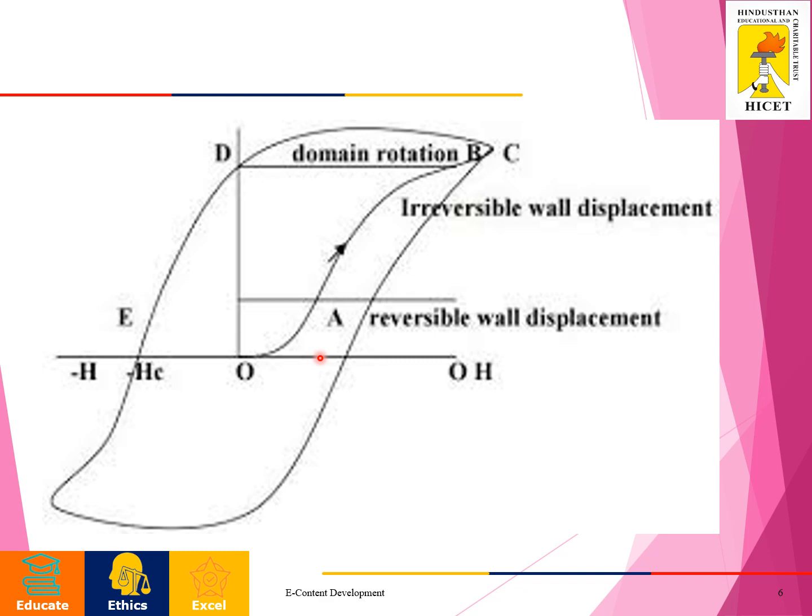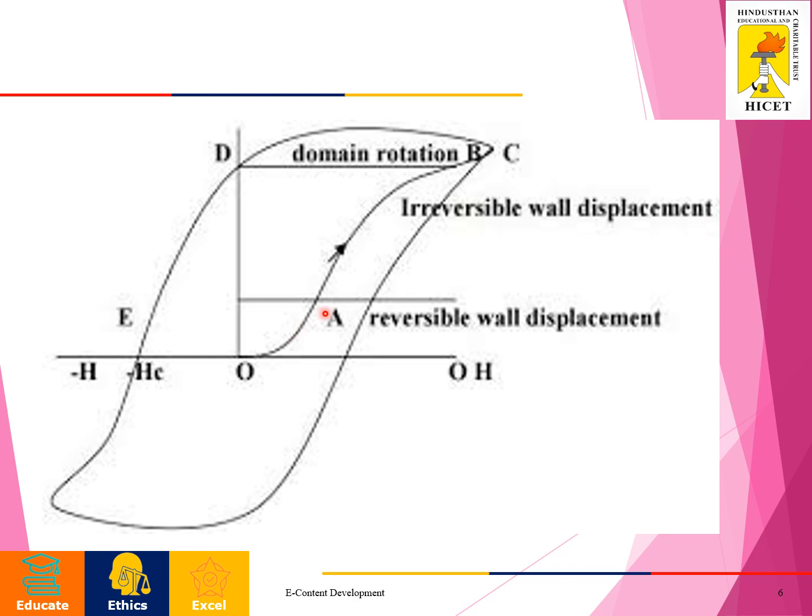When the field is increased, a large number of domains contribute to the magnetization, and the magnetization increases rapidly with H. Now, even when the field is removed, because of the displacement of the domain wall to a very large distance from A to B, the domain boundaries do not come back to the original position.